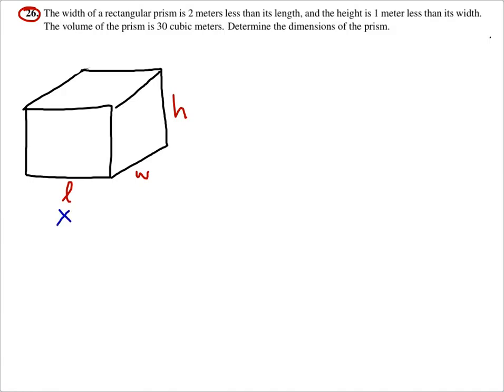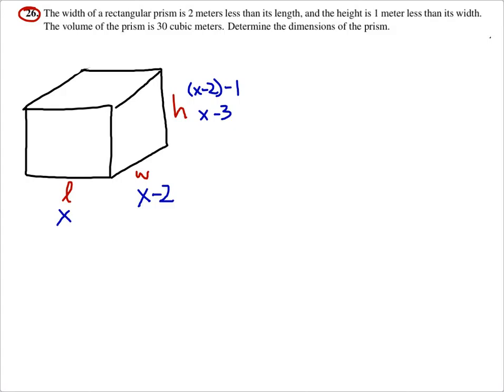So we'll call the length x, and the width is 2 meters less than the length, so the width is x minus 2. And the height, it says, is 1 meter less than the width. So you could call that x minus 2 minus 1, or you might immediately recognize that it makes x minus 3, because it's 1 fewer than the width.